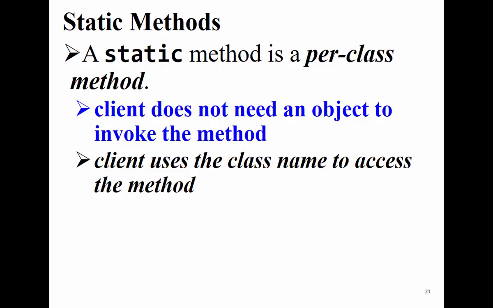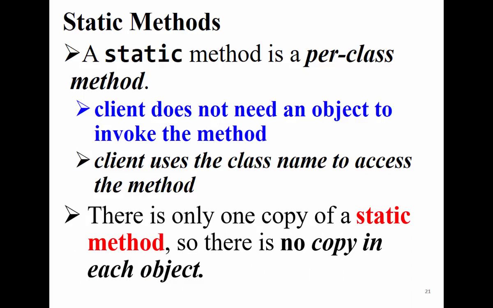The client can call the static method by using the name of the class, like Math.cosine, Math.sine. You can use the sine and cosine methods, give any value, and it will return the result for you without creating an object from the Math class. Okay?